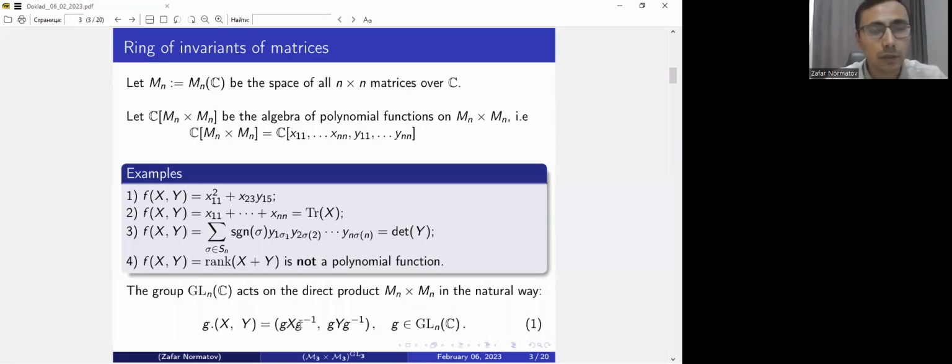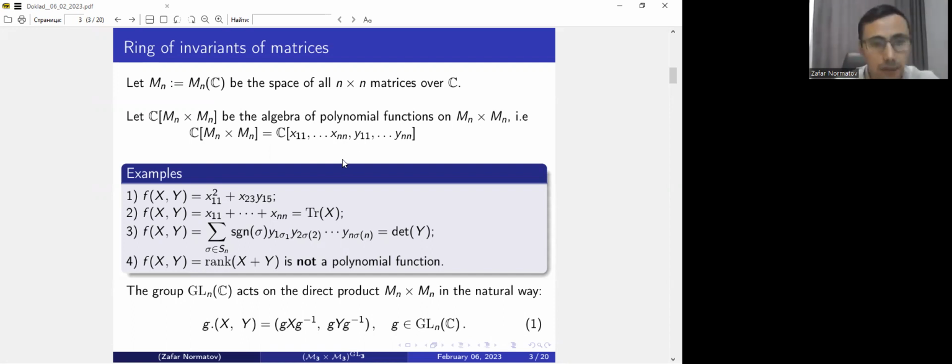Now we talk about the ring of invariance of matrices. Let Mn be the space of all n by n matrices over the complex number field C. Let this be the algebra of polynomial functions on the direct product. Namely, this algebra can be written as follows.